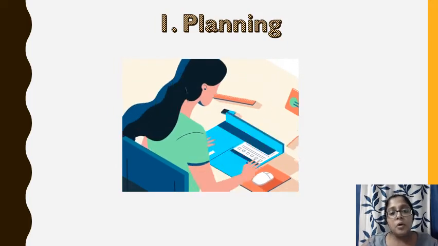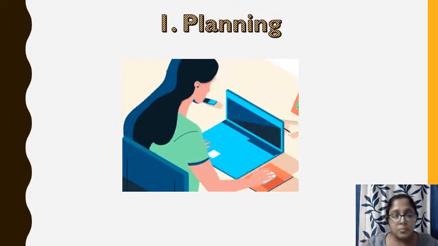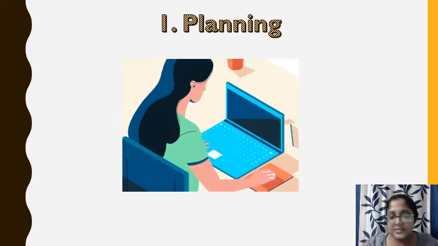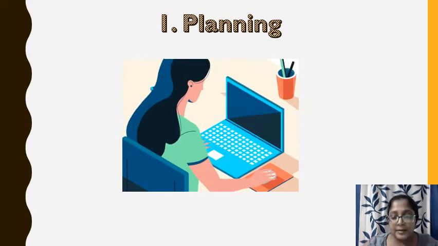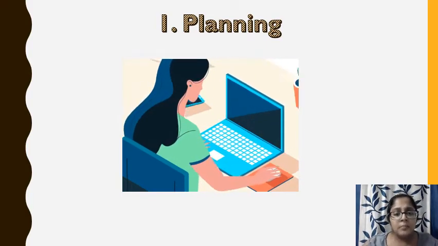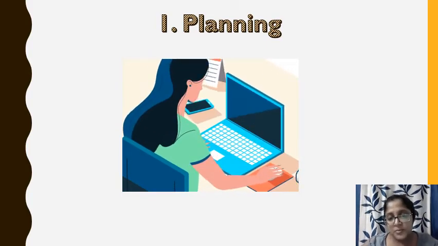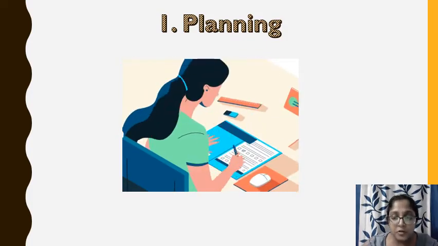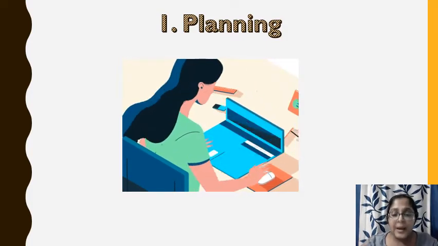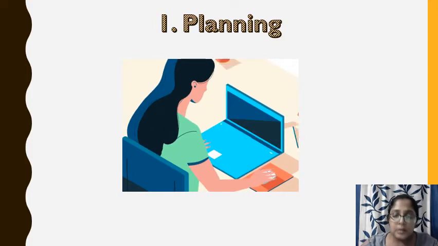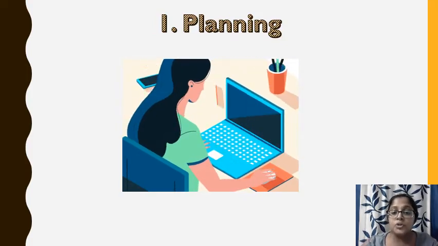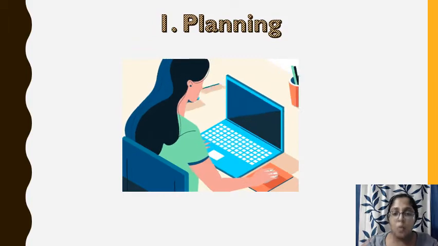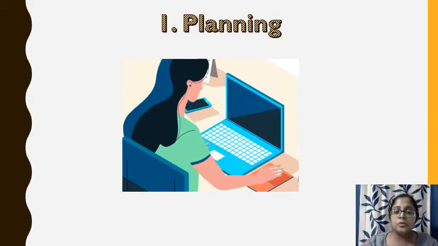Suppose your aim is to pursue masters in a subject of your liking, and your liking subject is maybe home science or home management. So you need to plan for this subject right from class 11. After you complete your boards, you need to plan that okay, I'll do masters in home science.